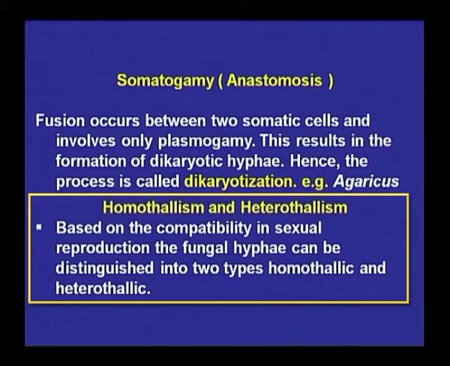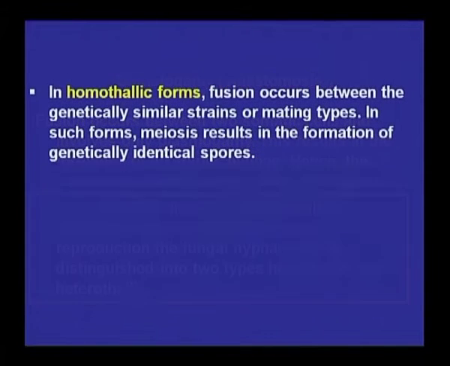Based on the compatibility in sexual reproduction, the fungal hyphae can be distinguished into two types, homothallic and heterothallic strains. In homothallic forms, fusion occurs between genetically similar strains or mating types.